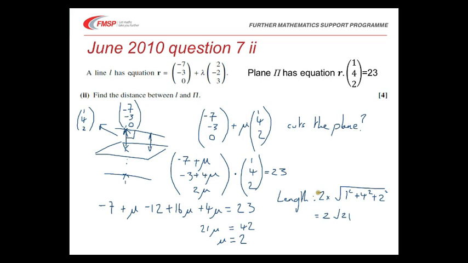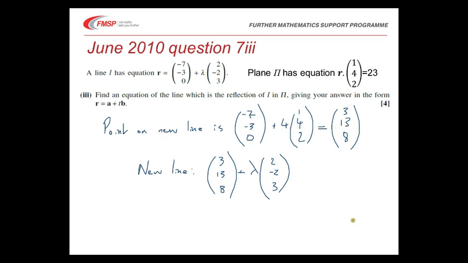In part 2, there's a method following this method, and as I say, please look at the mark scheme. There's a variety of alternatives here for doing this. So there is a method mark for identifying that this dotted with that will give 23, an accuracy mark for multiplying out to get an equation, a method mark for multiplying out and getting an equation, and an accuracy mark for the value of 2, and a final accuracy mark for the last answer.